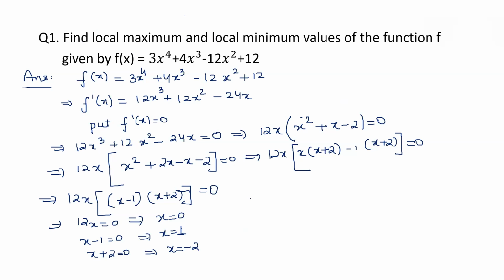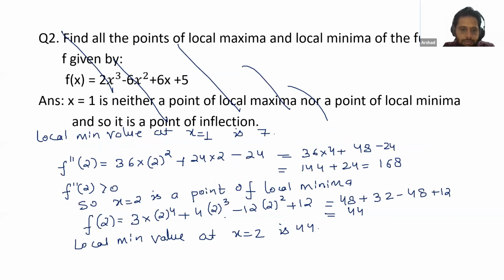Sir, here we got x is equal to -2, right, sir? So in the ending, why did we put only f of 2? I'm sorry, I just missed this. This is -2. So I will write -2 here. So we will get what here?